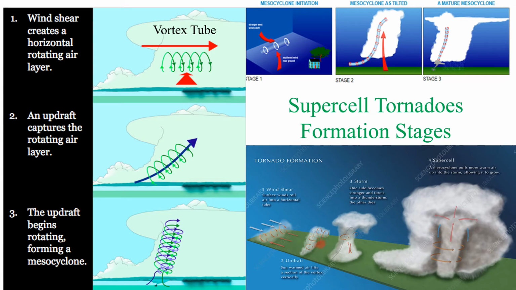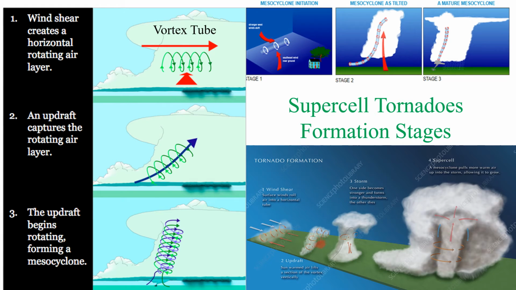This vertical wind shear causes the air near the surface to rotate about a horizontal axis, much like a pencil would rotate around its long axis. Such a horizontal tube of spinning air is called a vortex tube.